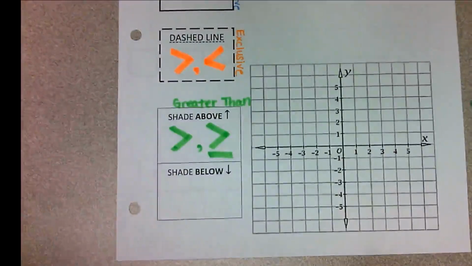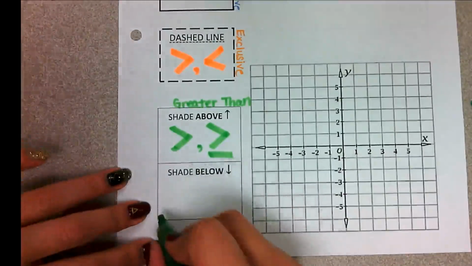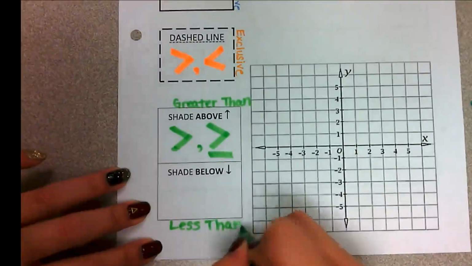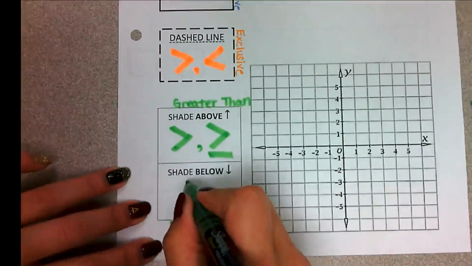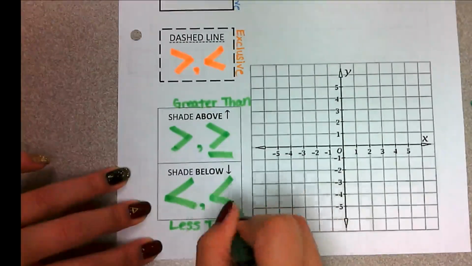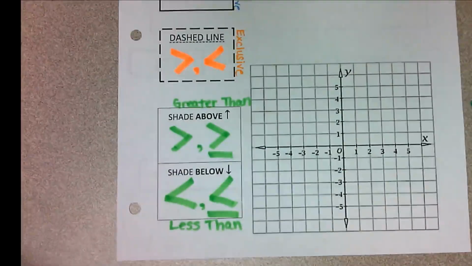In comparison, you would shade below if you have any of the less thans. So that would be less than or equal to. All right.